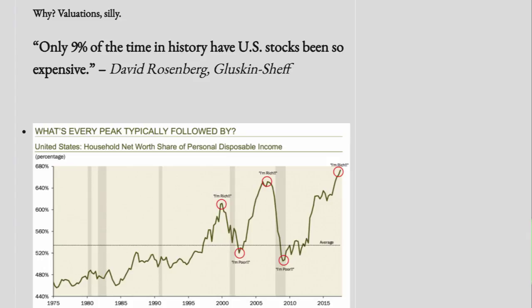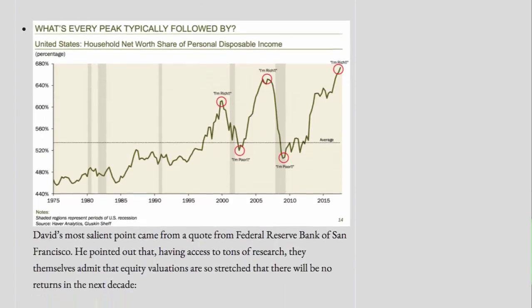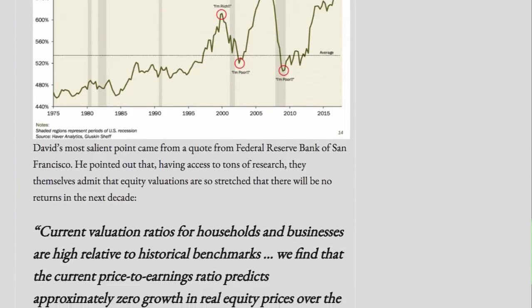Valuations, silly. Only 9% of the time in history have U.S. stocks been so expensive, according to David Rosenberg, Gluskin Sheff. David's most salient point came from a quote from the Federal Reserve Bank of San Francisco. He pointed out that, having access to tons of research, they themselves admit that equity valuations are so stretched that there will be no returns in the next decade.